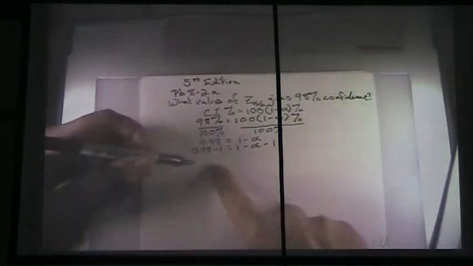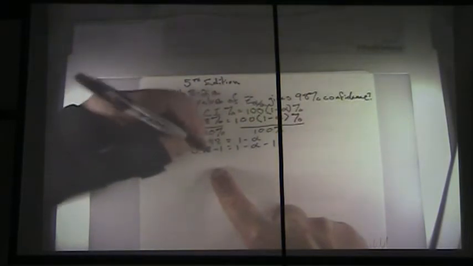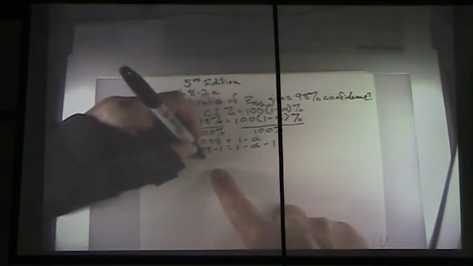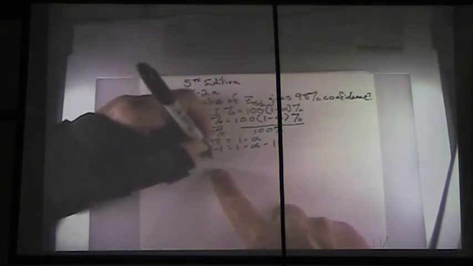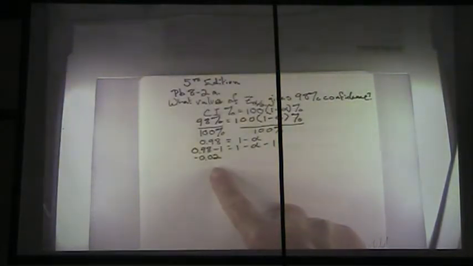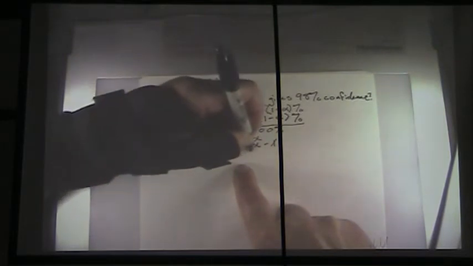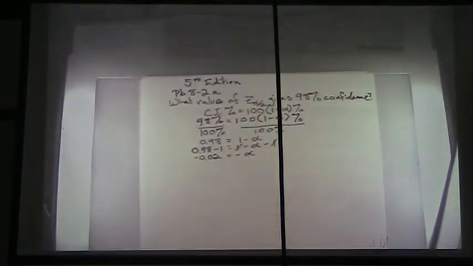All right, so that is going to give me a negative 0.02 on the left side, and my ones will cancel out so that I have a negative alpha on the other side.